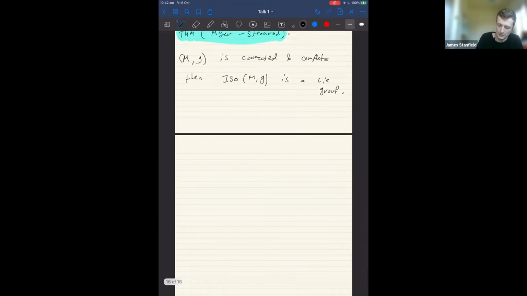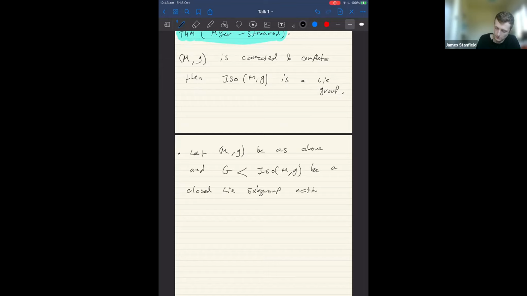Namely, this is going to be my last example of how to construct new Riemannian manifolds. So let (M, g) be as above, namely connected and complete. And let G be a closed Lie subgroup, because that's important, acting freely on M. What do I mean by that?